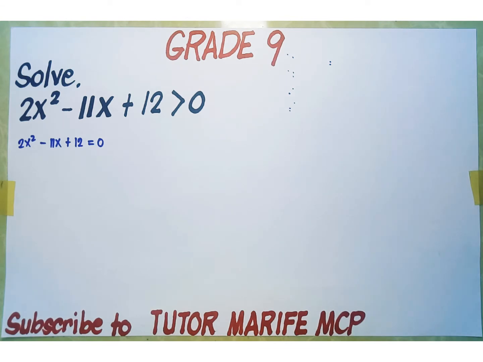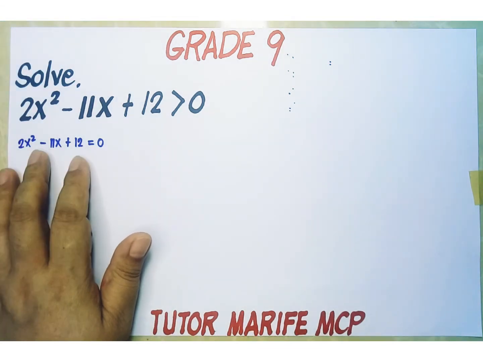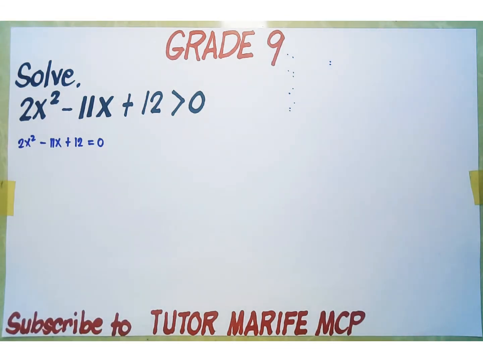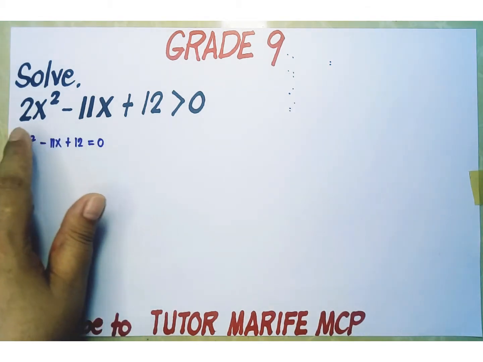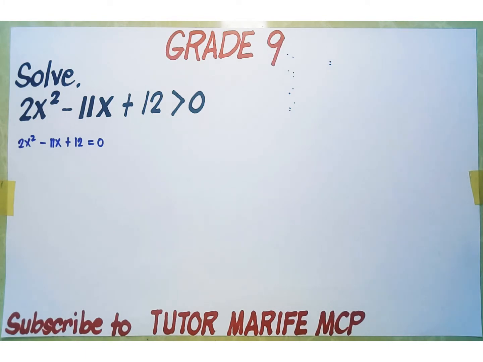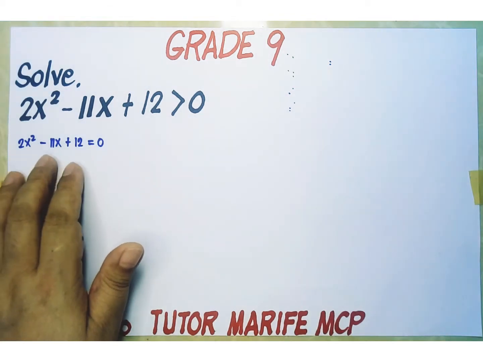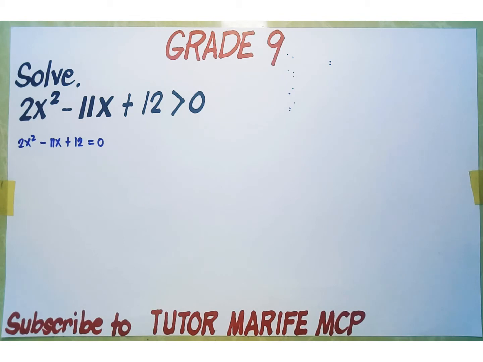Okay, so in this case, I'm going to use the factoring method because the quadratic equation is solvable by factoring. And the technique that I'm going to use to factorize the left side of the equation is the AC method or factoring by grouping method.